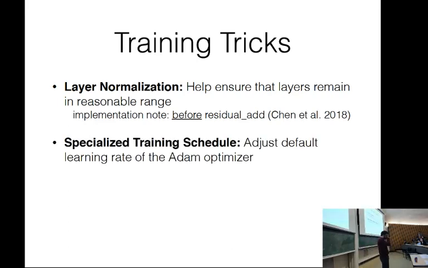Another thing they have in this paper is a specialized training schedule. Instead of starting with a default learning rate for Adam or SGD and just letting it do its thing, they had a warmup period where the learning rate increased linearly, and after something like 10,000 or 20,000 steps, they decreased it.